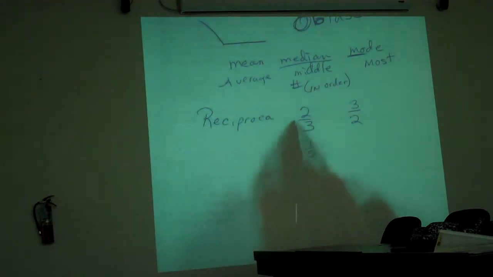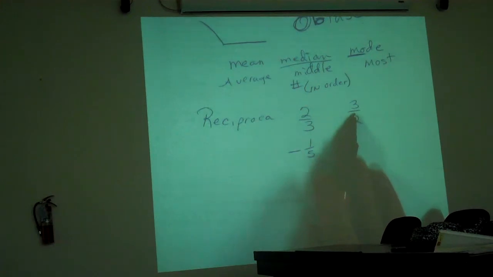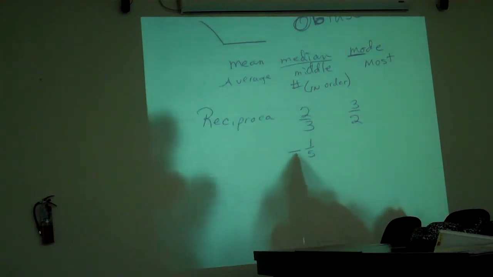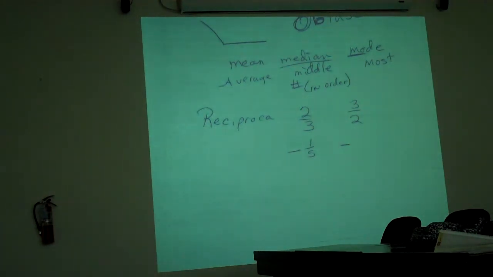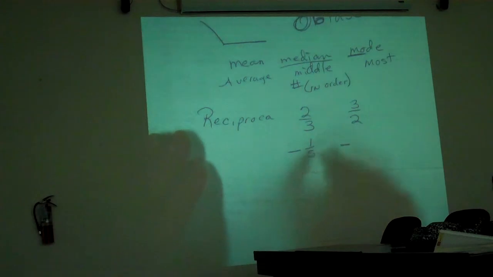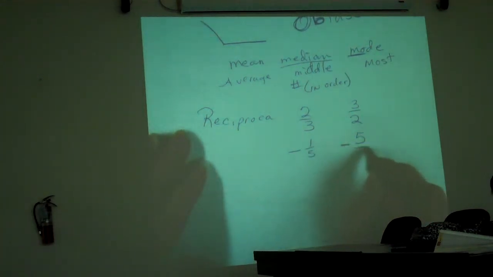See how this one was still positive? The reciprocal was still positive? The reciprocal is going to keep the sign and you flip it. So now that we have signs, you know that you need to keep that sign. This would be -5 over 1, or you could just say -5.